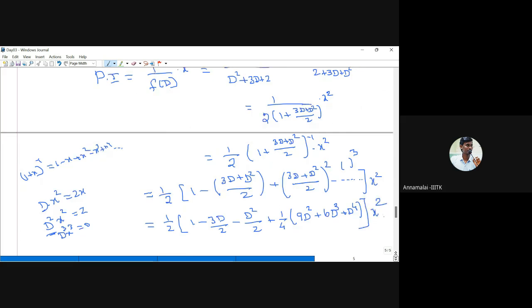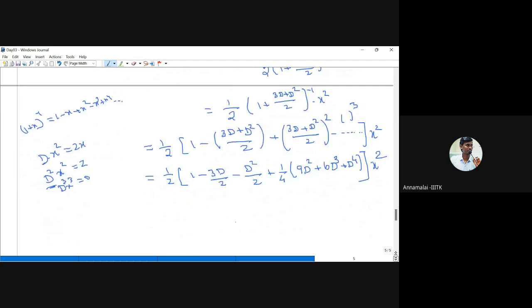Now operate on x square with each term. Therefore, 1 by 2 times (1 into x square, which is x square, minus 3 by 2 times the derivative of x square, which is 2 times x, minus 1 by 2 times the second derivative of x square, which is 2, plus 1 by 4 times 9 into the second derivative, which is 2, plus the third derivative, which is 0). Therefore, 6 into 0 is 0.